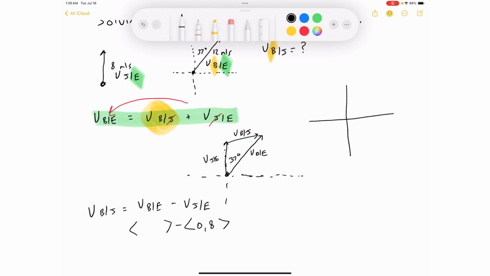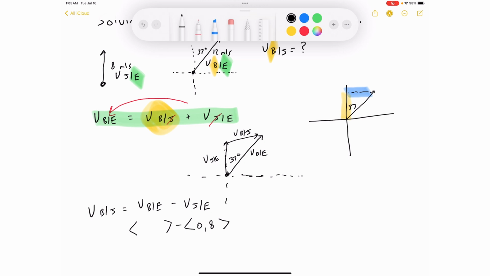So I'm just going to draw this right here. I'm going to put this here, and I'm going to go 37 degrees. All right, this is the vector, and this vector has components, right? It has this side and this side.